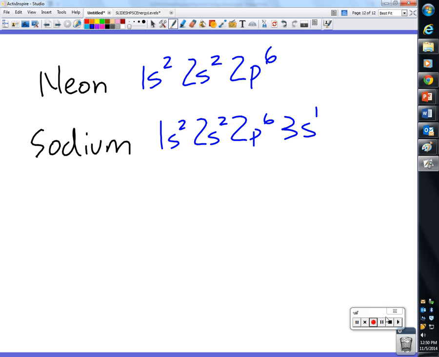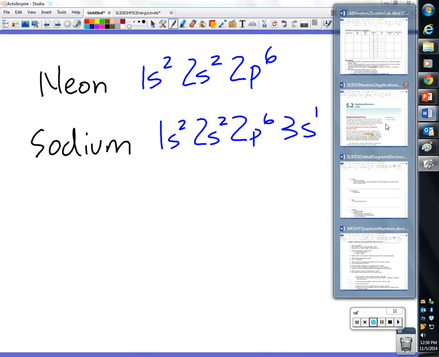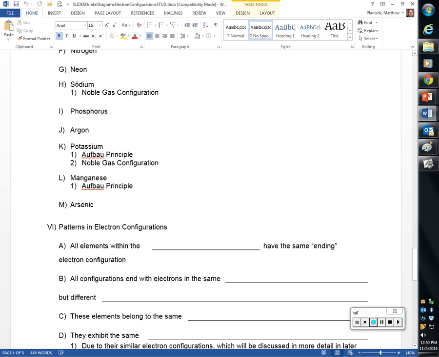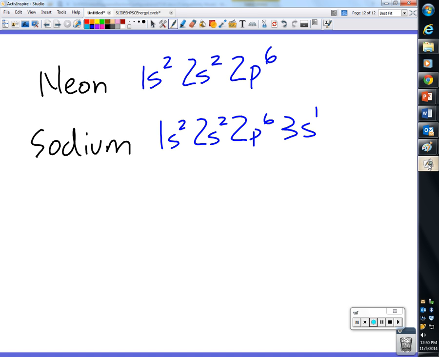First, are we okay with this electron configuration for sodium? It's number 11, way over on the far left. It's Na. But on your outline, if you look underneath sodium, it says noble gas configuration. Let's go here.